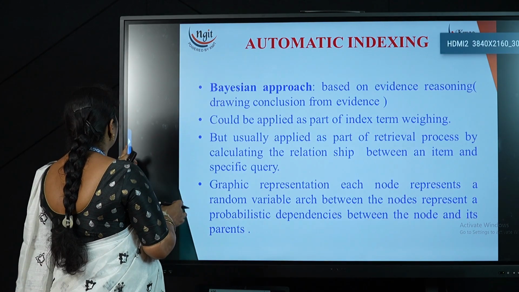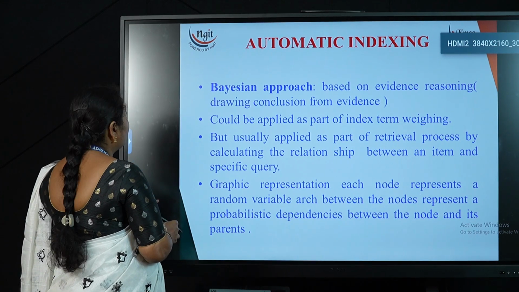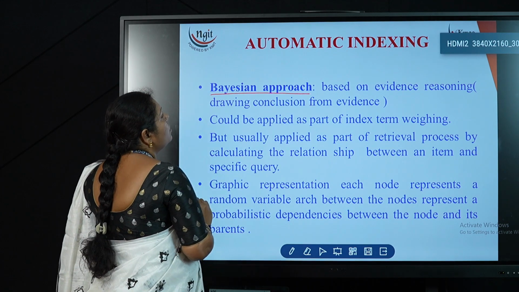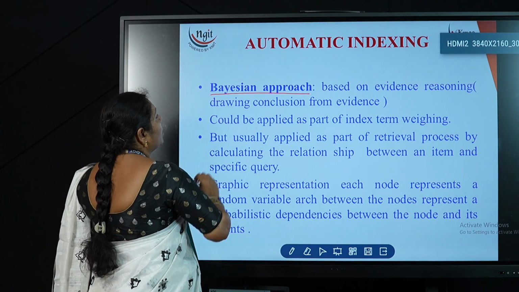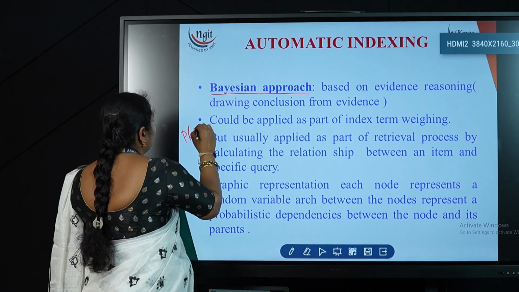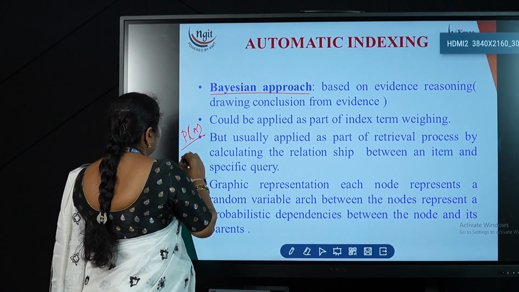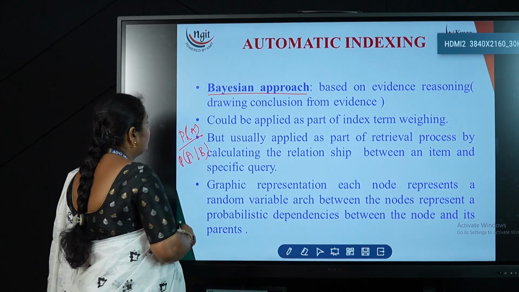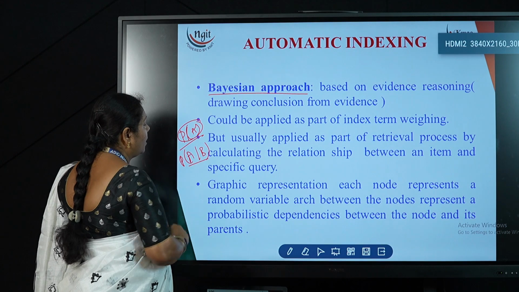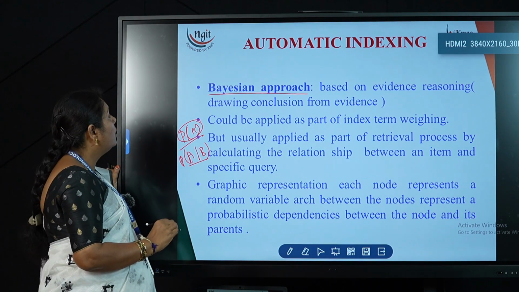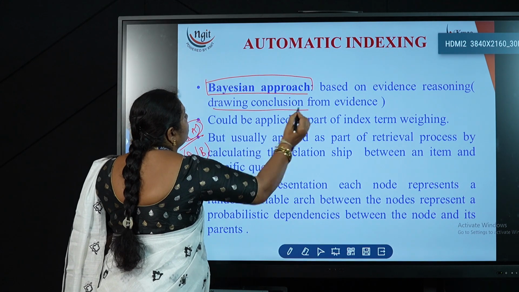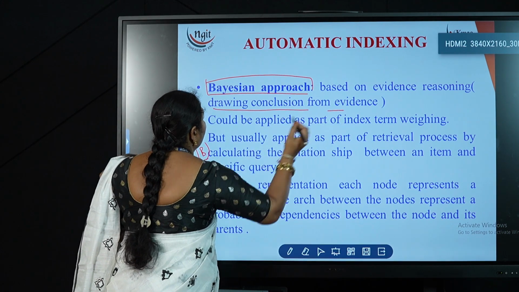So exactly how are we going to use the Bayesian approach? It is based on evidence, reasoning, and drawing conclusions. If you see P of A given B, what is the probability of occurrence of A on some condition you are mentioning. So the Bayesian approach always depends upon the conclusion from the given evidence.